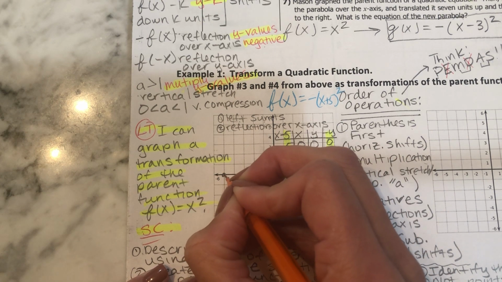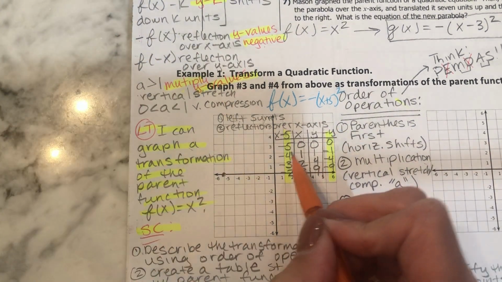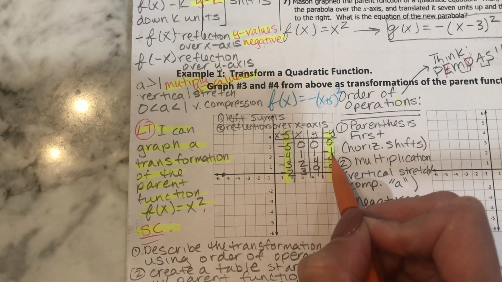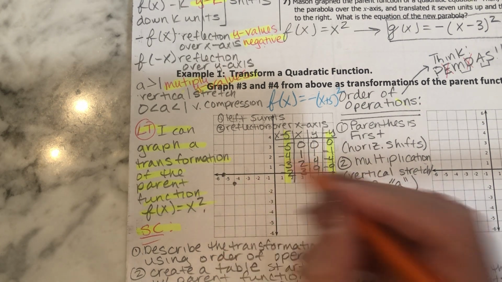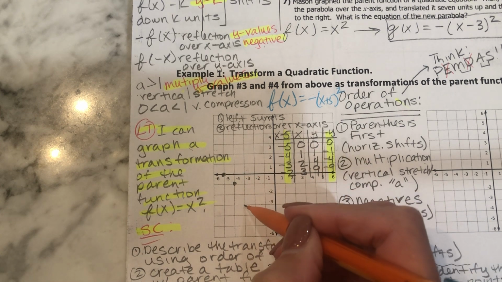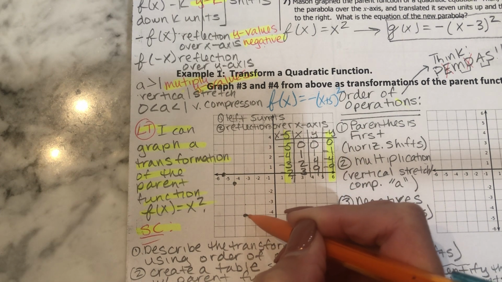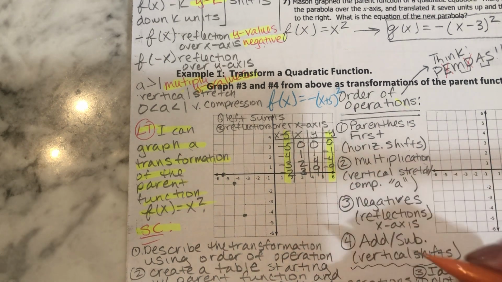So right here, that's my vertex. And then I have negative 4, negative 1. Then I have negative 3, negative 4. And that's good because any further, you're going to be off the graph.